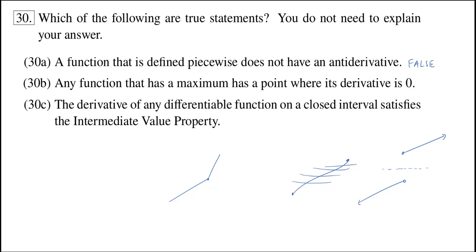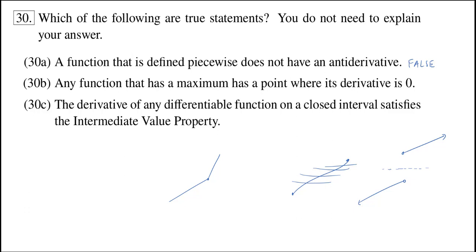Okay. B, any function that has a maximum has a point where its derivative is 0. So this is trying to make you think of the interior extremum theorem, also known as Fermat's theorem, which is telling you that if you have a differentiable function and you have some maximum, then you know the derivative at that maximum is equal to 0.